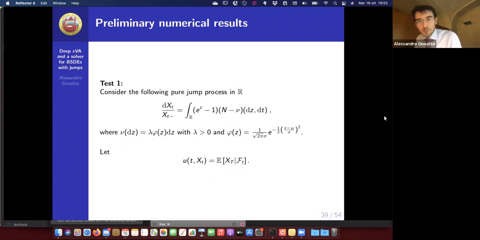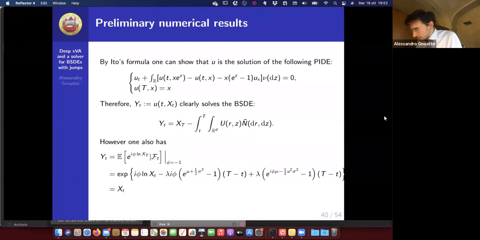The first thing that we do is compute things with a totally trivial BSDE. I just test the martingale property of the asset, if you want. So I have a totally trivial BSDE of this form, which is associated to this conditional expectation, which is just testing the martingale property of the asset.